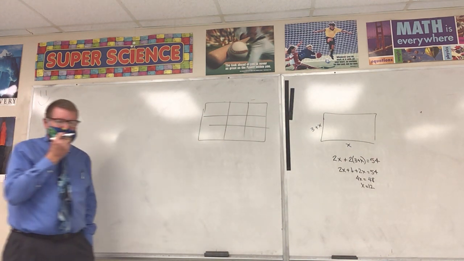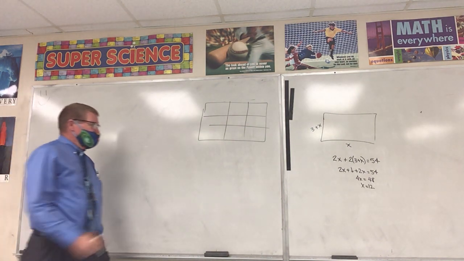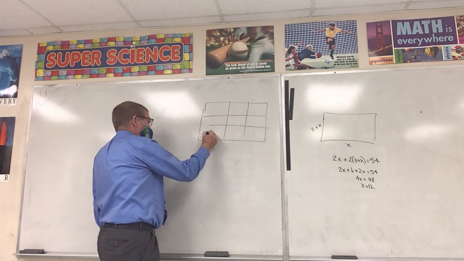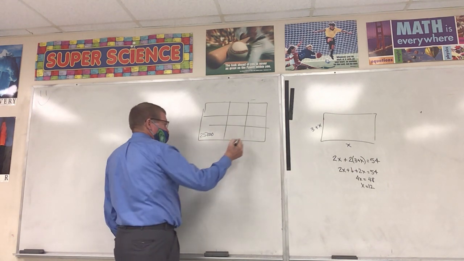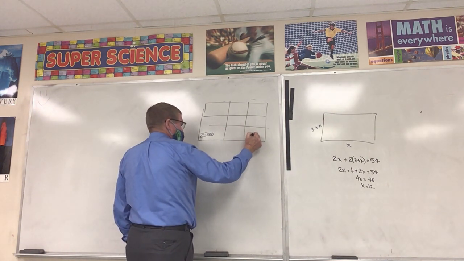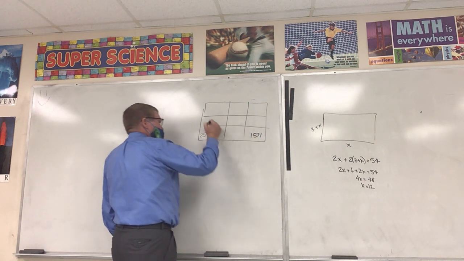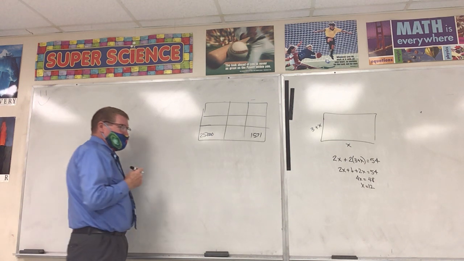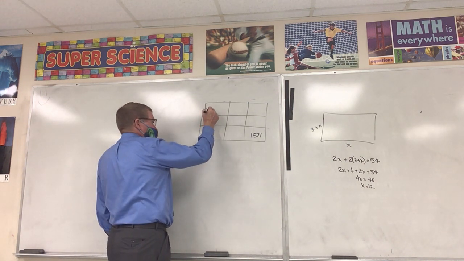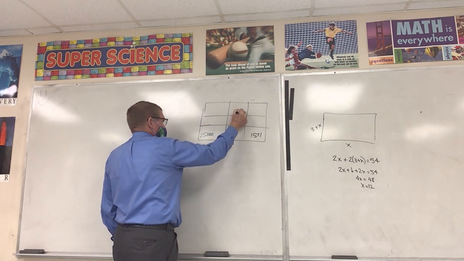What was the total amount invested? $25,000. Alright, what was the total interest received? 1571. Well, how much did she invest at the first interest? 5.5%. That was a percentage.